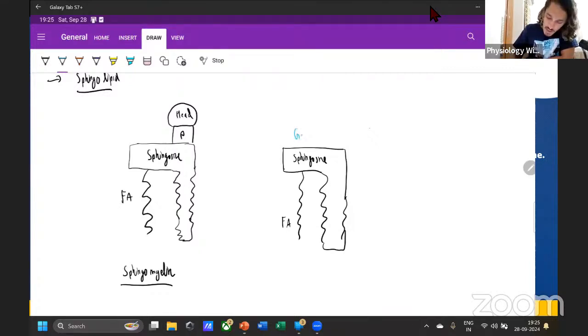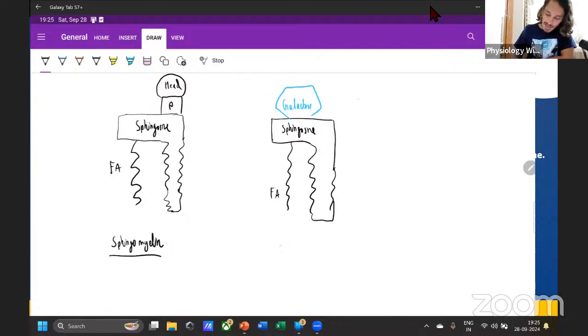So here I'm just going to put a galactose. Okay, so this is an example of what we call galactocerebroside.